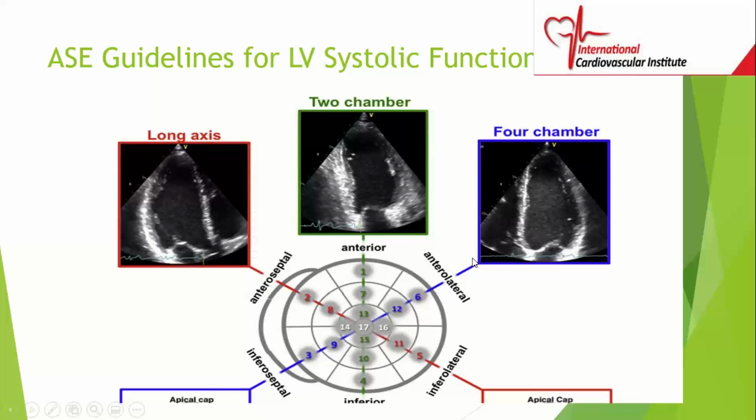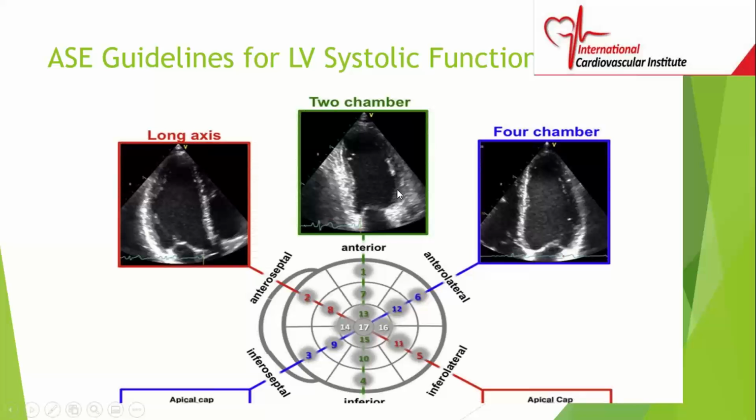It is because when we cut the heart, we cut it along this plane, as opposed to the 2-chamber view. In the 2-chamber view, we usually say this is the inferior and the anterior, and we cut the heart straight from the anterior straight to the inferior. That is why all of this area is the anterior.